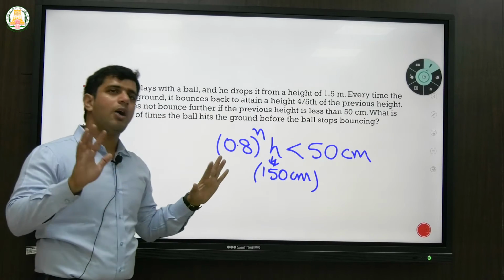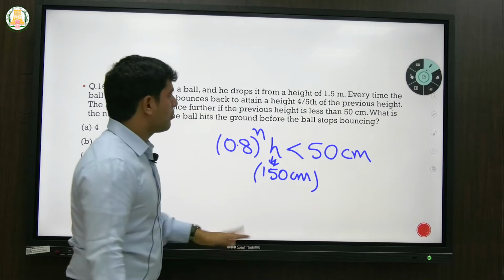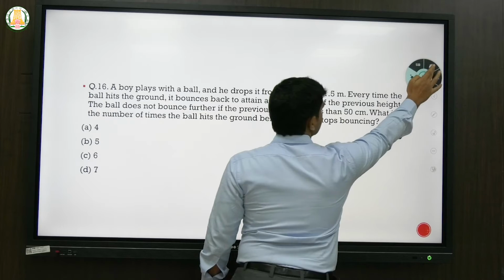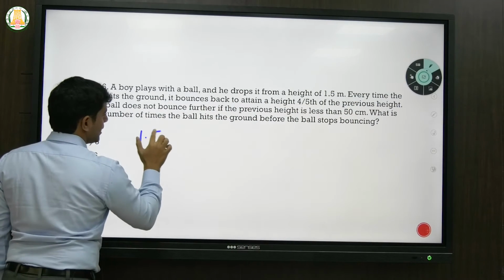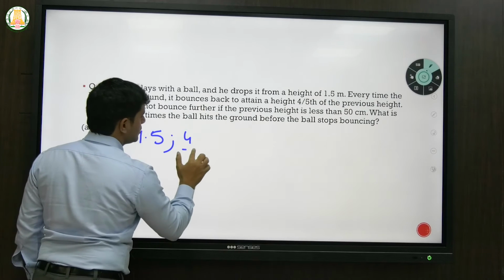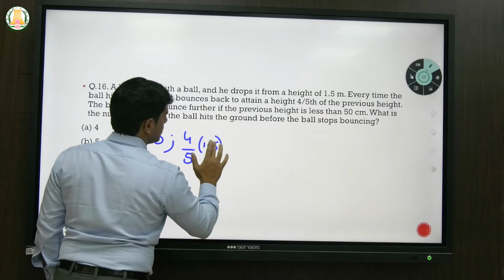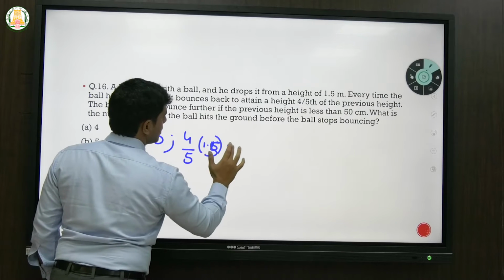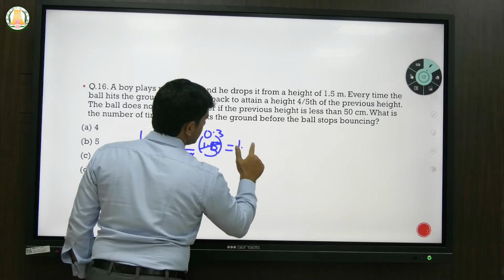So this is how you go mathematically. Again, this is something very theoretical. But what you can do simply, if you don't want to go through all this, is you write 1.5 first, okay? Then multiply 4 by 5 into 1.5. How much will you get? 0.3 less, so 1.2.